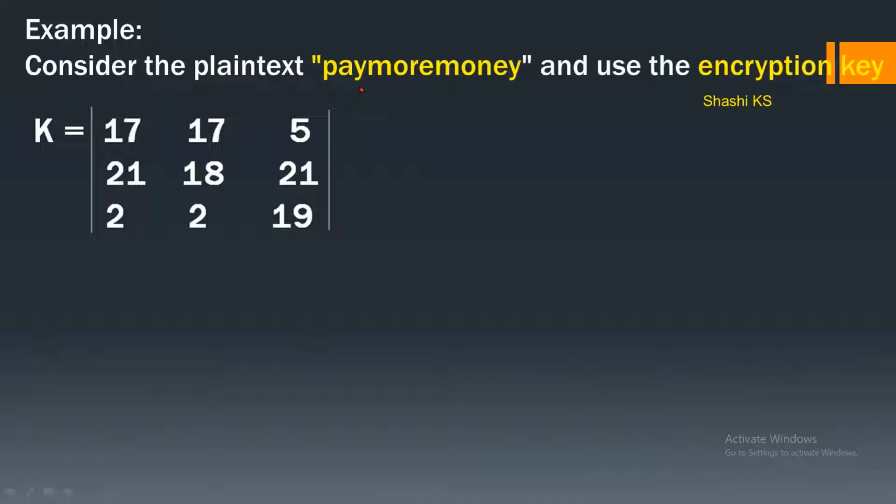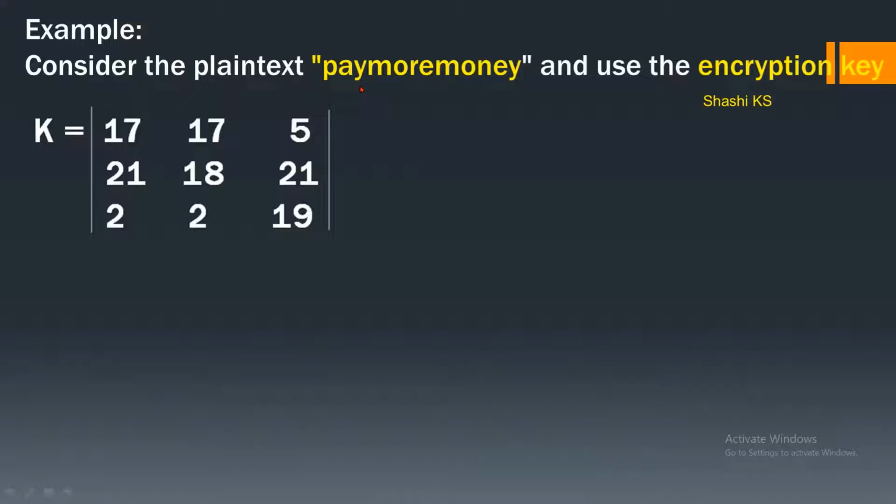With a 3x3 matrix, we break the plain text into blocks of 3 characters at a time, and we change each block to a vector of 3 integers, each with values between 0 and 25, as all characters of the plain text are mapped to numbers from 0 to 25 for A to Z.